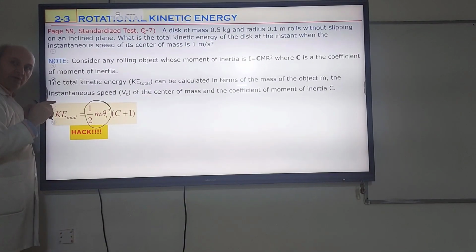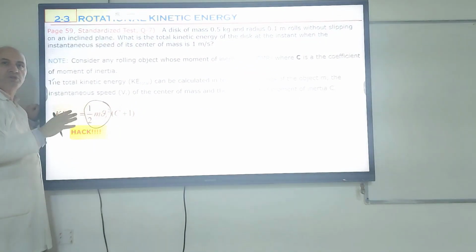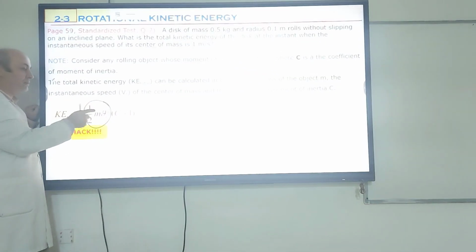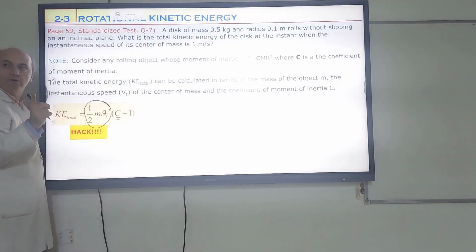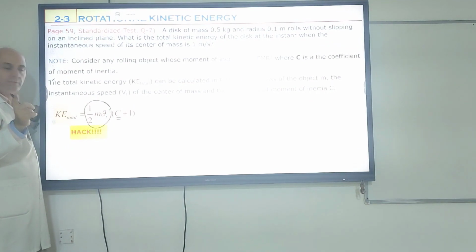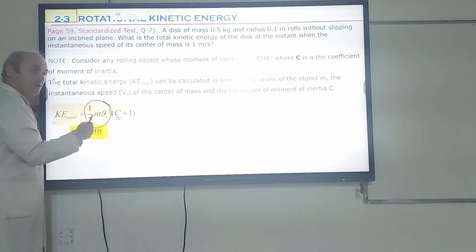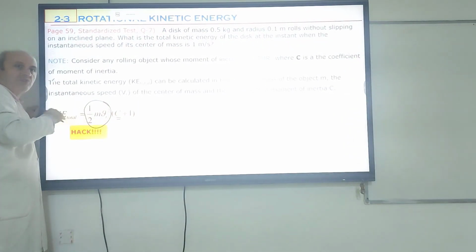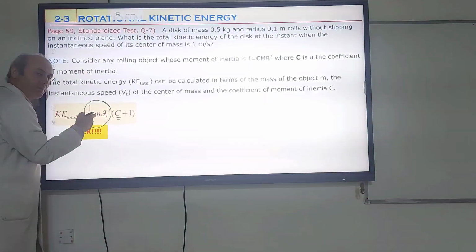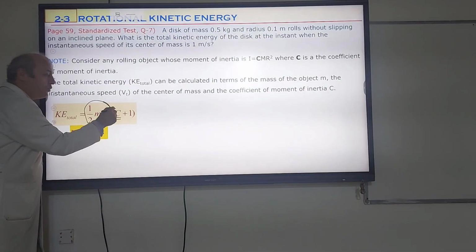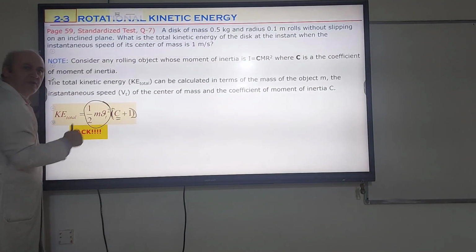You can write a rolling object's rotational kinetic energy and total kinetic energy with an equation related to the coefficient of inertia. So total kinetic energy, which is the sum of the rotational kinetic energy and translational kinetic energy, is going to be C plus 1 times 1/2 mv squared.